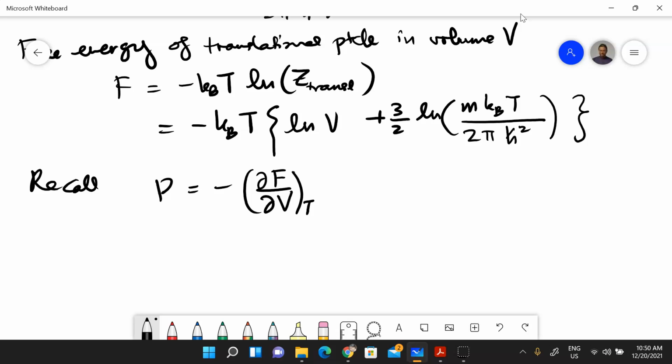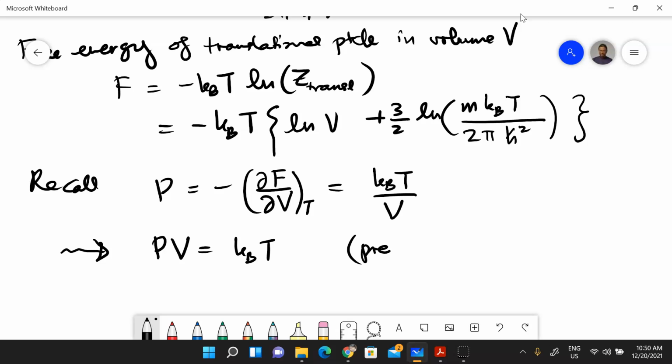If you just plug in, there's only one term here that depends on V, and that gives you kBT over V. Rearranging that, one has PV equals kBT. This P is the pressure from a single particle in a gas.